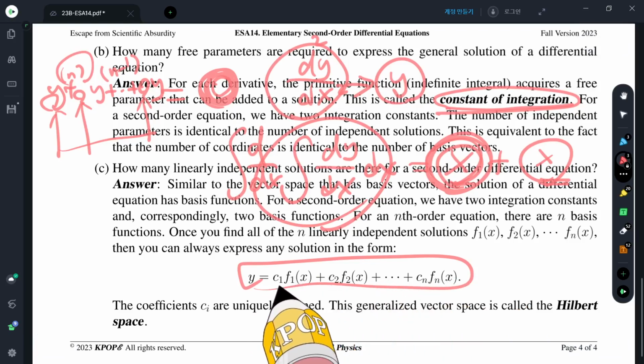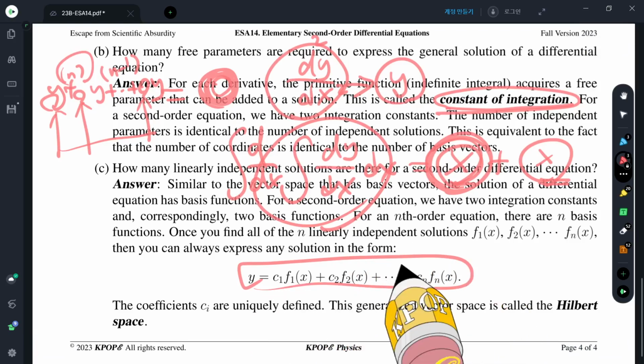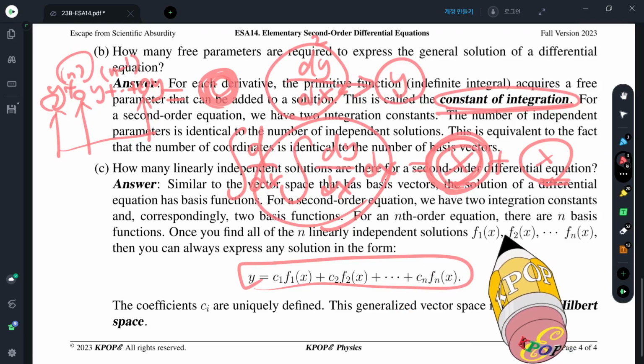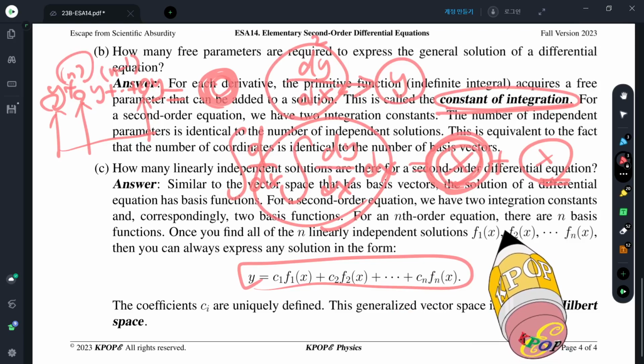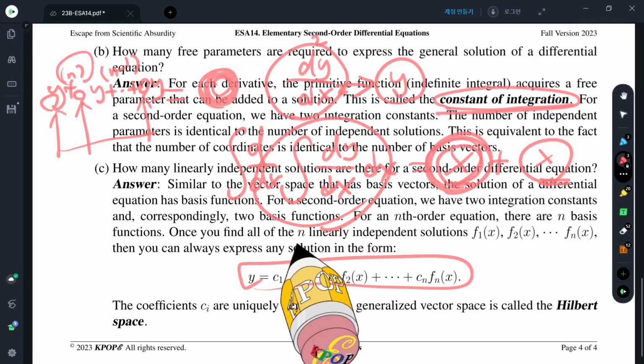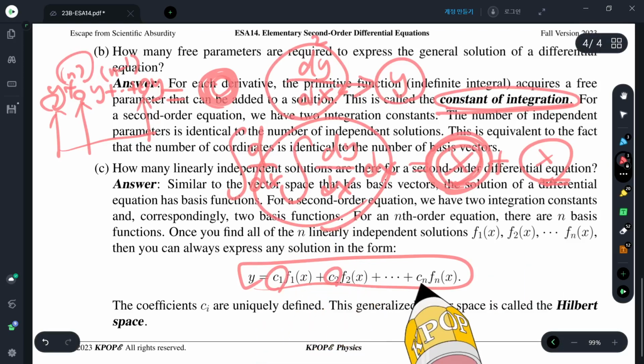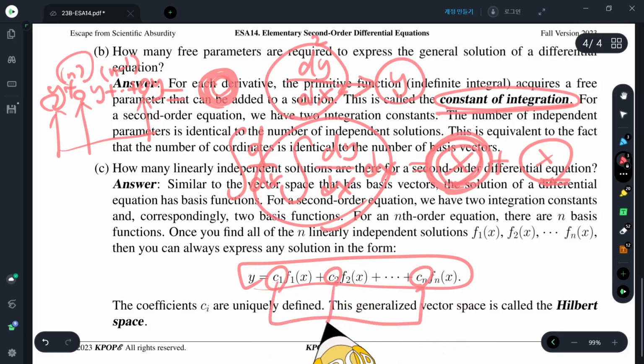This is a functional space, but it is very similar to Euclidean space, in which we have n linearly independent basis vectors whose components express an arbitrary vector uniquely. These coefficients are something like the Cartesian coordinates of a vector.